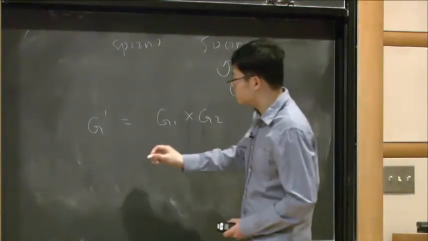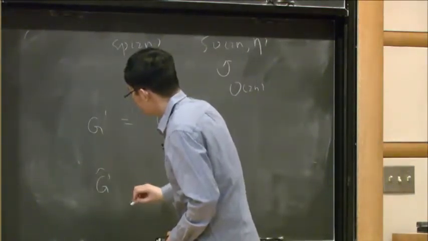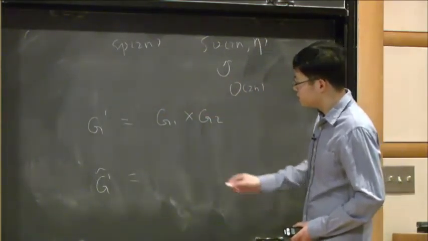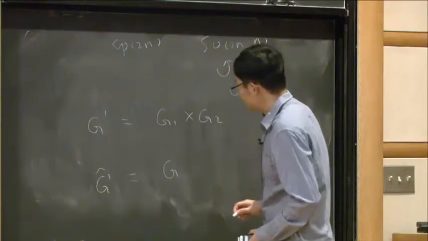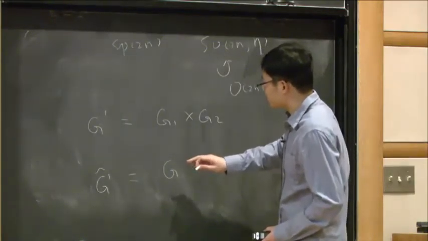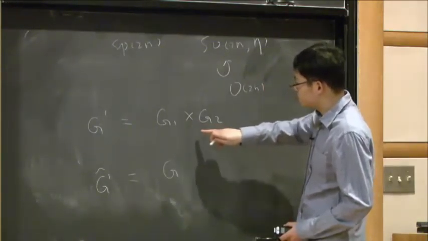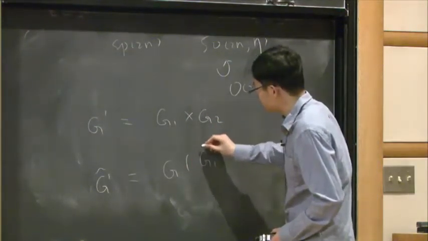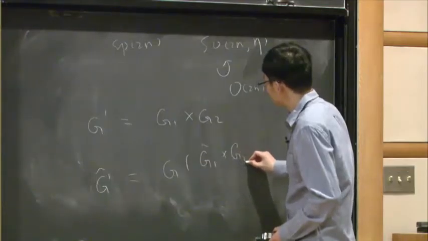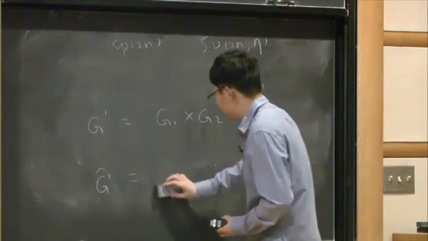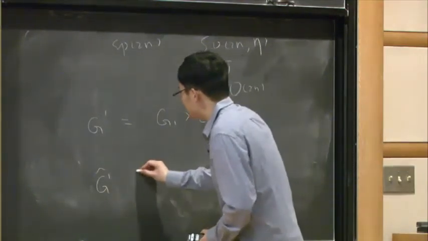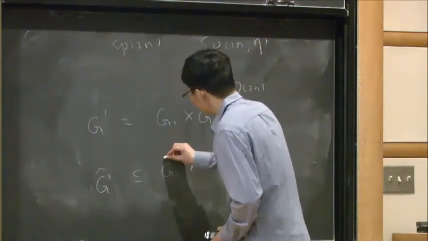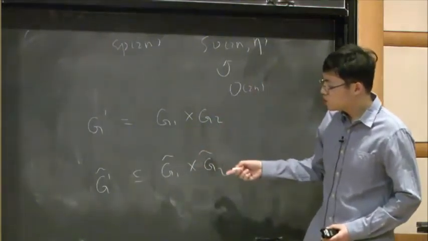But when you go to the endoscopic group for the similitude group, then that will be a subgroup of the product of the similitude groups. Usually we define it like this. Well, maybe let me just say it is a subgroup of the similitude group of these two.